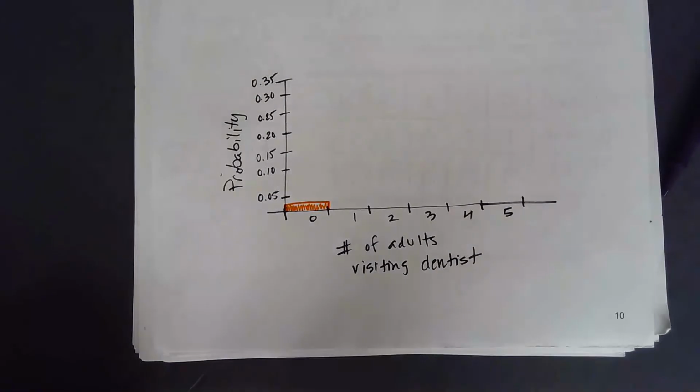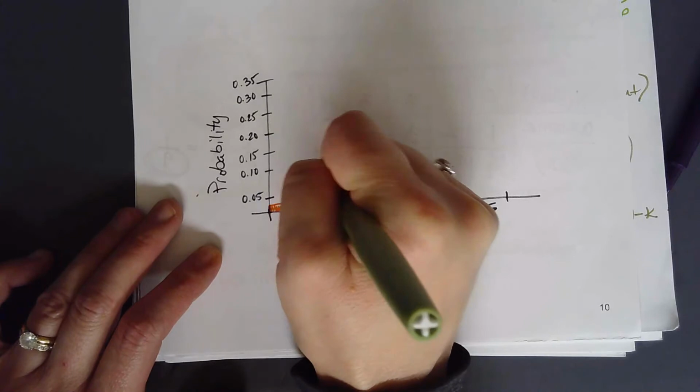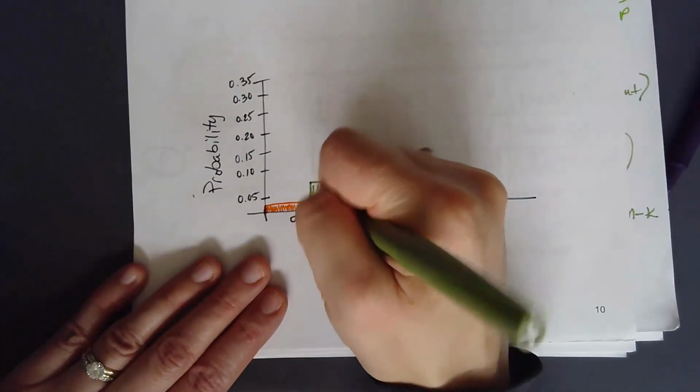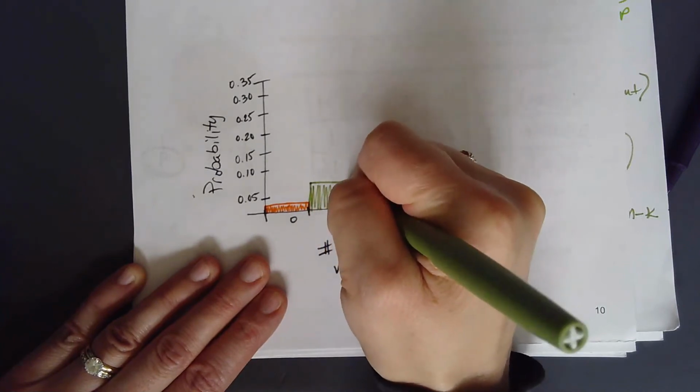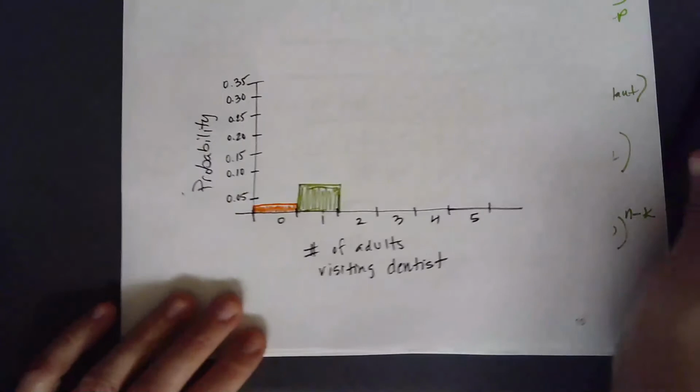The second one, number 1, is the probability of 1 adult going to the dentist. I got 0.06. So 0.06 would be right about here. So this is going to be my bar. Histograms always touch. So where one ends off, the other one begins.